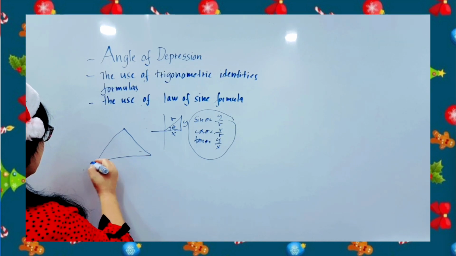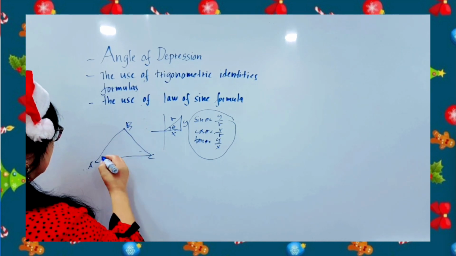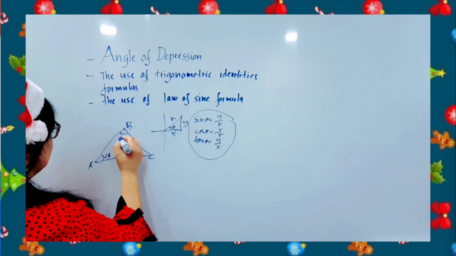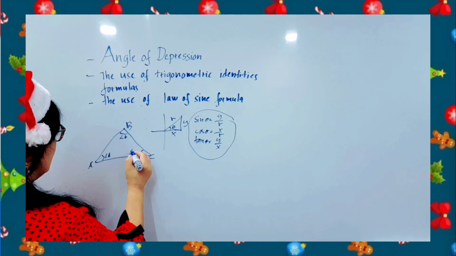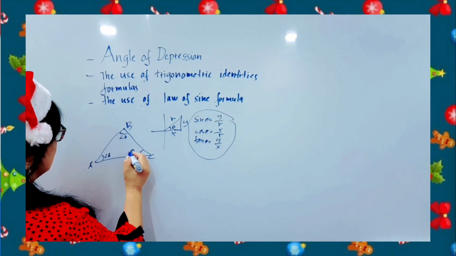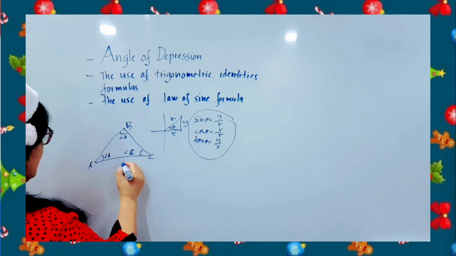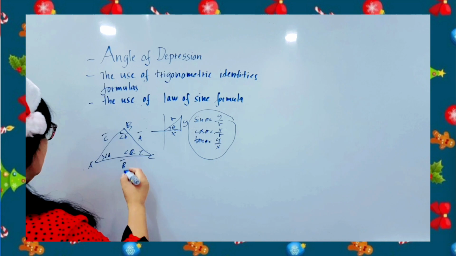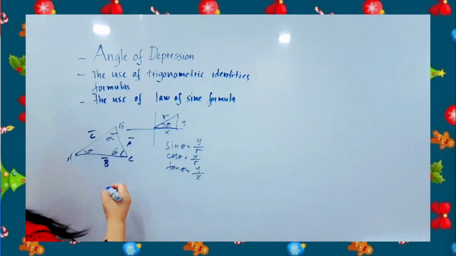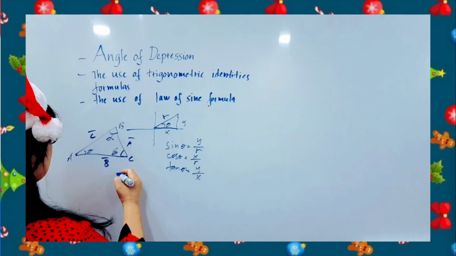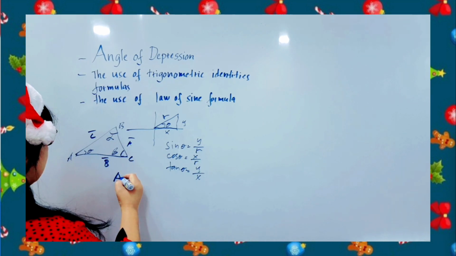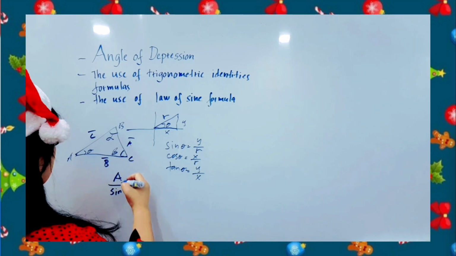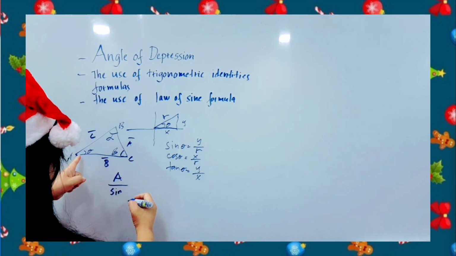Now, when it comes to the law of sine, if we have this triangle, for example, we have this angle A, B, C. So, this is angle A, angle B, and this is angle C. And this is side B, this is side A, and this is side C. So, what is the law of sine formula? The law of sine formula states that one side, for example, over the angle, what is the A?